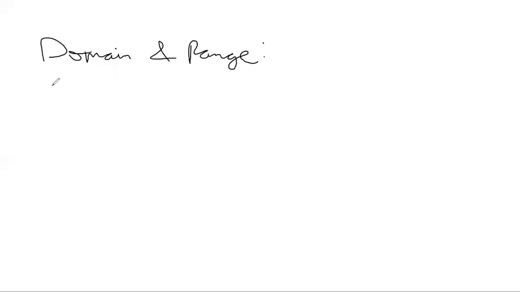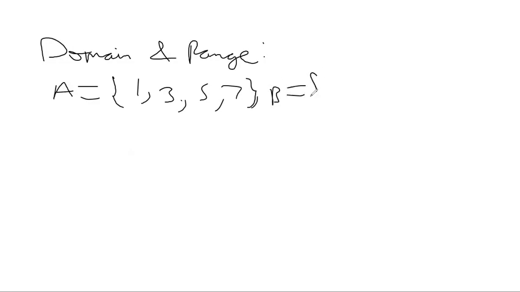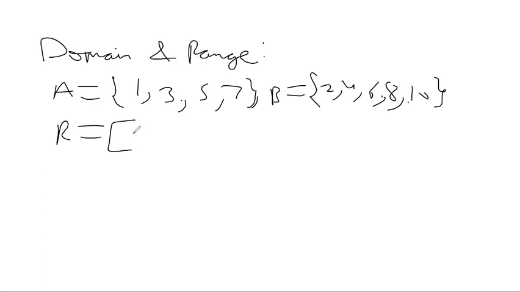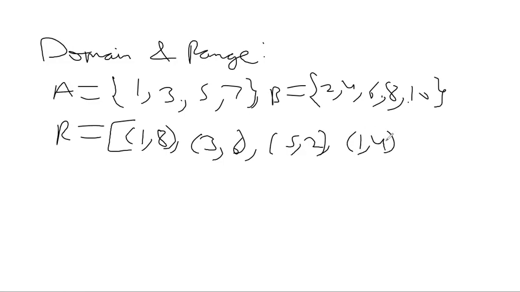Now see, if we have a set A as {1, 3, 5, 7}, and we have B is equal to {2, 4, 6, 8, 10}, and R is equal to {(1, 8), (3, 6), (5, 2), (1, 4)}, and let us close it now.